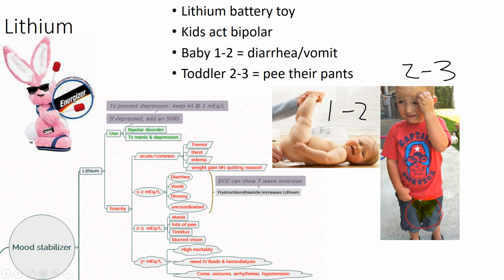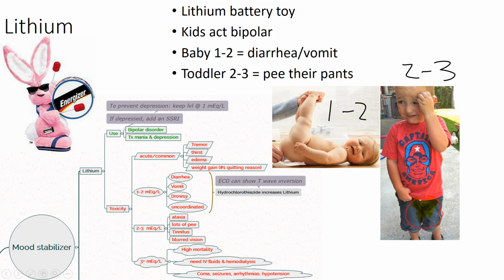So those are the acute common adverse effects, but there are adverse effects that are seen at different amounts of toxicity. Usually they're supposed to be under 1 milliequivalent per liter in their blood, but if they get above 1, like 1 to 2 milliequivalents per liter, this is where they start showing the diarrhea, the vomiting, the drowsy, and the uncoordinated. And this reminds me of a little baby, like a 1 to 2 month old.